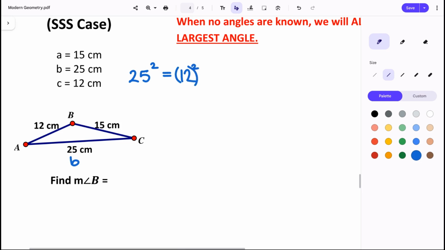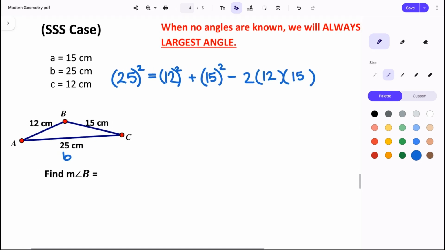And you can put parentheses around these numbers too if you feel like there's a lot going on. Maybe you're afraid you're going to get an exponent confused for a whole number. Okay, minus 2. What two numbers should I put after the minus 2? Good, 12 and 15. And then instead of saying cosine of an angle, I don't have angle B, so I need to write it as cosine capital B, because that's what I'm trying to find, is the angle.